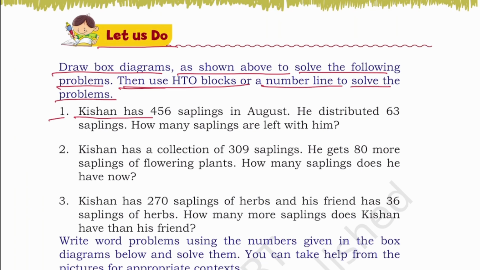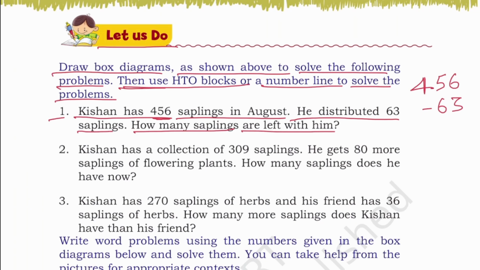1. Kisan has 456 saplings. In August, he distributed 63 saplings. How many saplings are left with him? He already has 456 saplings. He distributed 63 saplings.